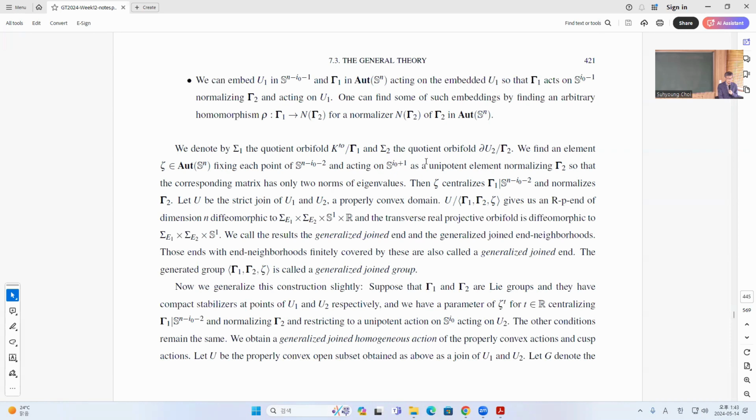So here it has 1 eigenvalue, and then here it has another eigenvalue, so it has only 2 eigenvalues. And then you want to make this centralize this group and normalize gamma 2.